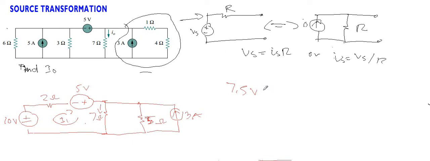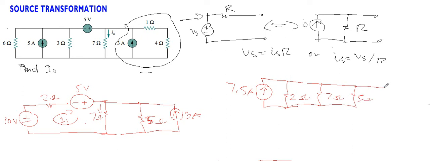Hindi yan volts, but rather it's current. Kasi, ginawa natin is 5 plus 10, we have 15, divide 2, we have 7.5 ampere, entering in this. We have 2 ohms, tapos 7 ohms, 5 ohms, and also a current of 3 ampere.